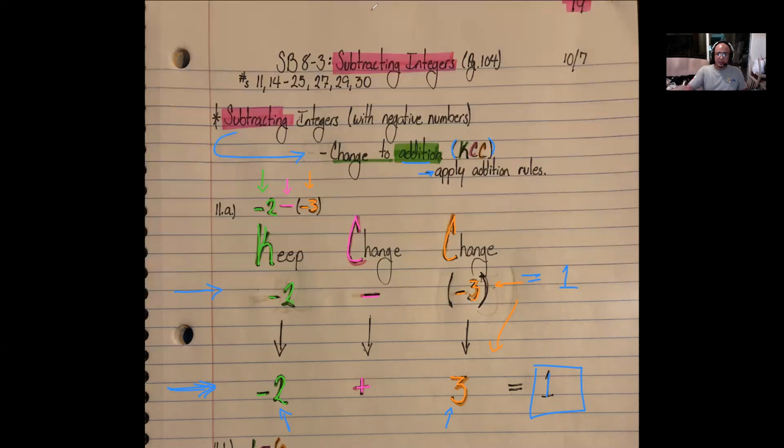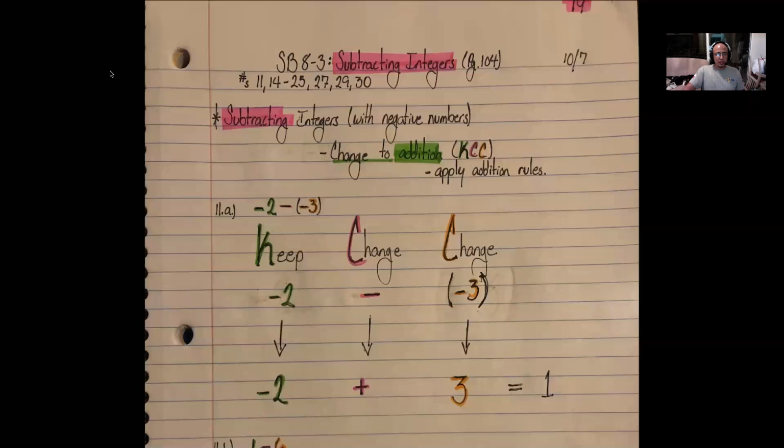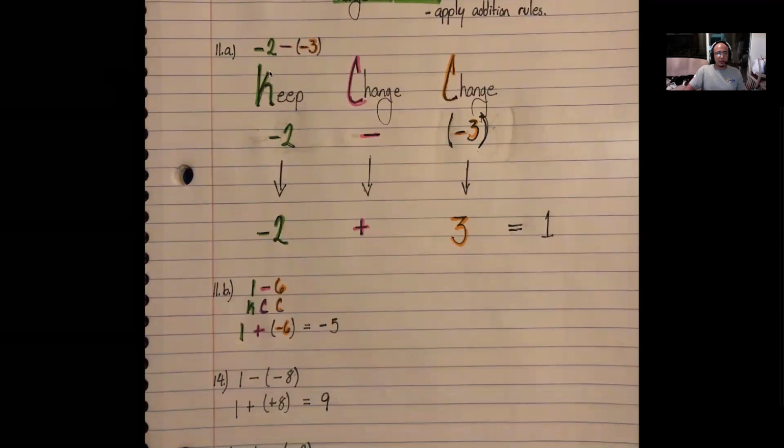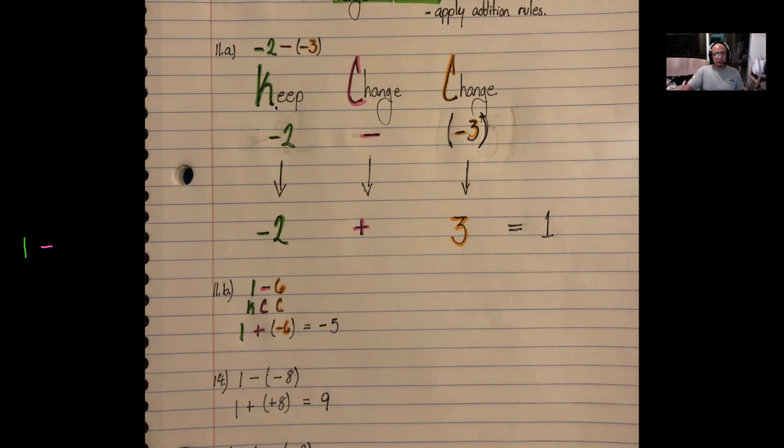All right, moving on. Let's try 11b. 11b reads, and I'll do this one here on the side. We have 1 minus negative 6. Oh, sorry, 1 minus positive 6, actually. 1 minus 6.